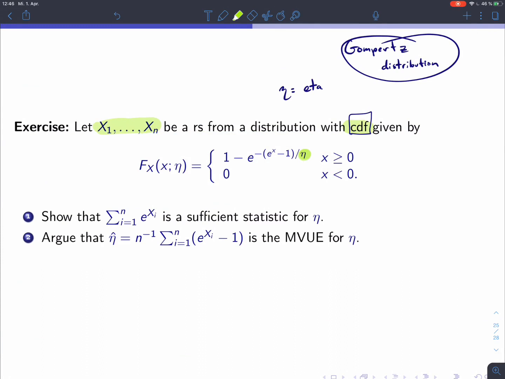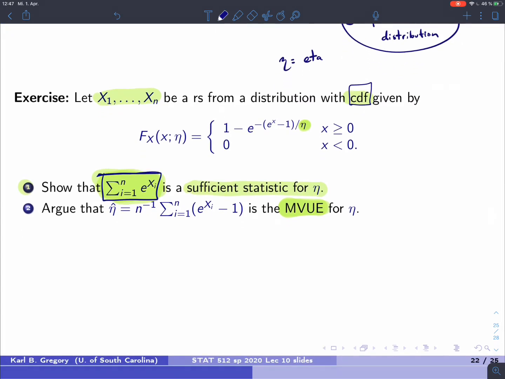First of all, let's try to find the minimum variance unbiased estimator, which means we need to begin by finding a sufficient statistic for eta. So in part 1, I say, show that this is a sufficient statistic. So you don't even have to find it. We just have to show that this is sufficient.